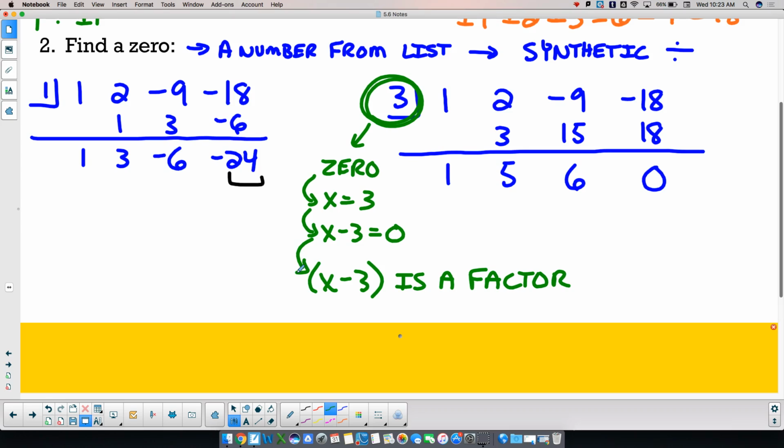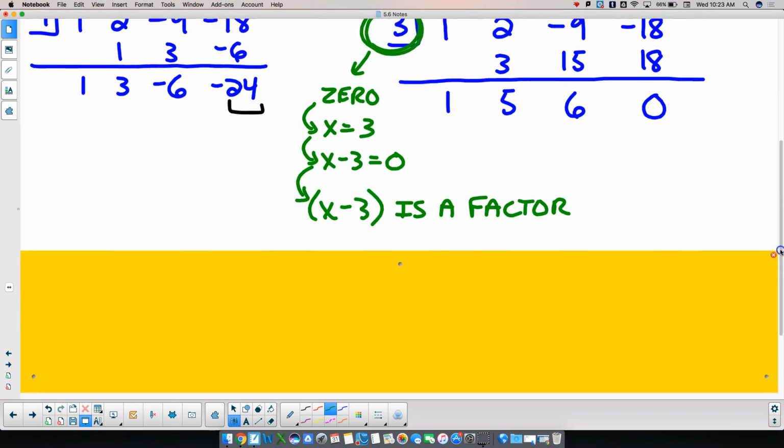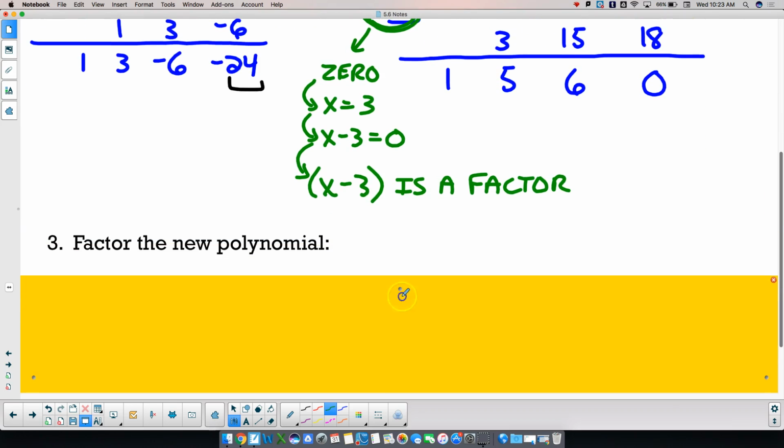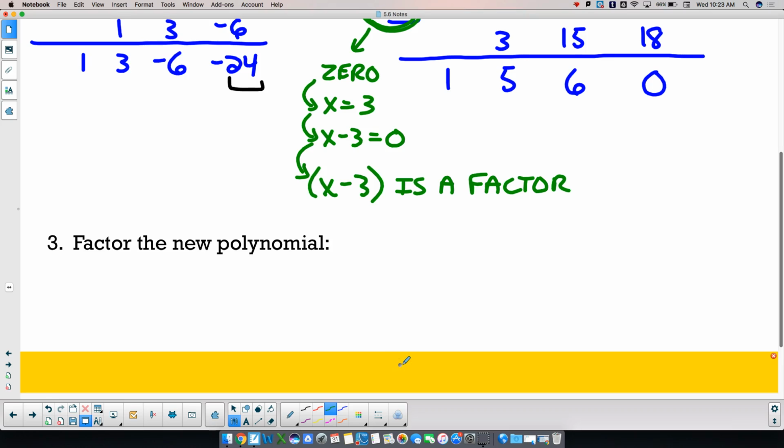Okay. So step number 3 then tells me that I need to factor the new polynomial, or rewrite the polynomial into its factored form. So f of x can now be written as x minus 3 times what?